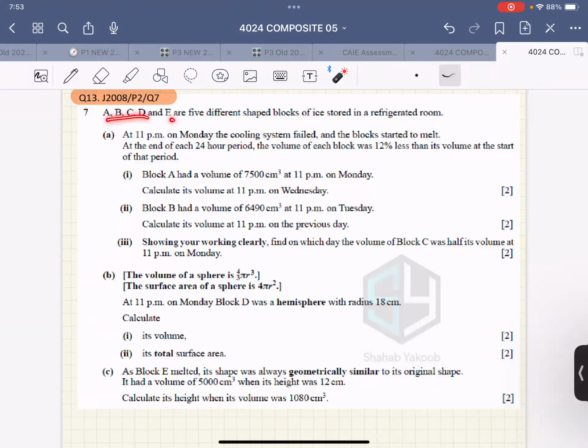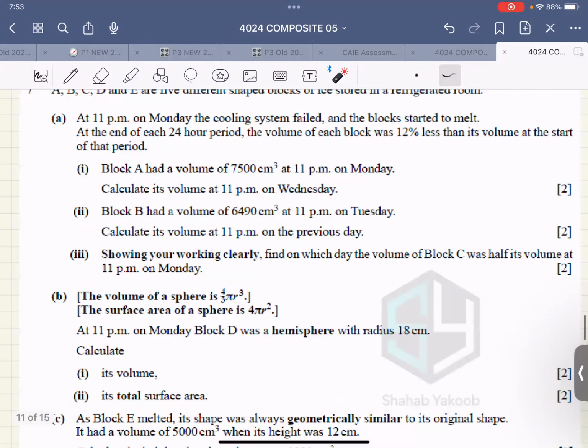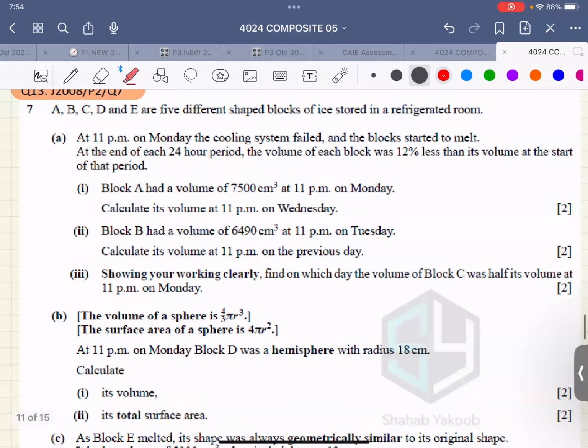A, B, C, D, E are 5 different shaped blocks of ice stored in a refrigerator room. At 11 p.m. on Monday, the cooling system failed and the blocks started to melt. At the end of each 24-hour period, the volume of each block was 12% less than the volume at the start of the period.